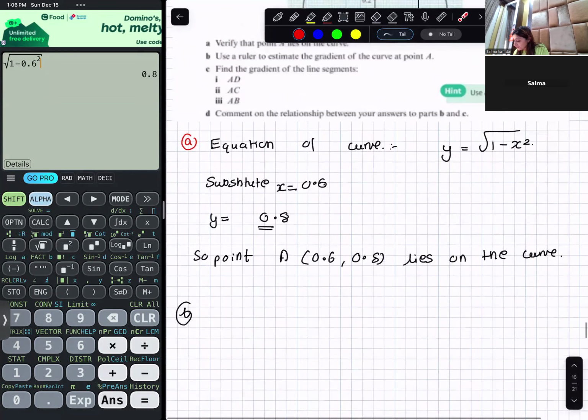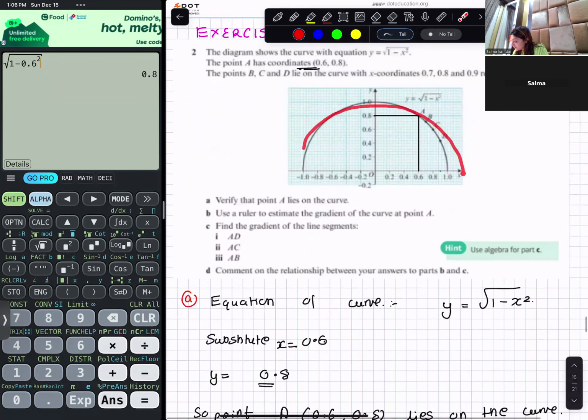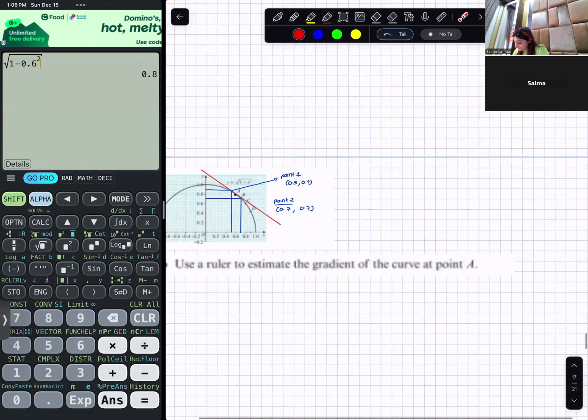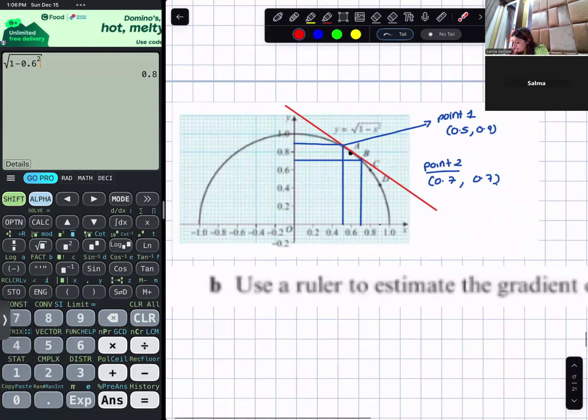So to find the gradient of the curve at A, I need to place a ruler and draw a tangent line at A so that it touches my point A.